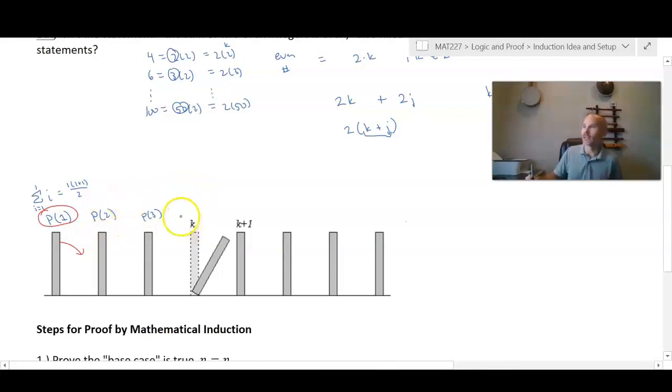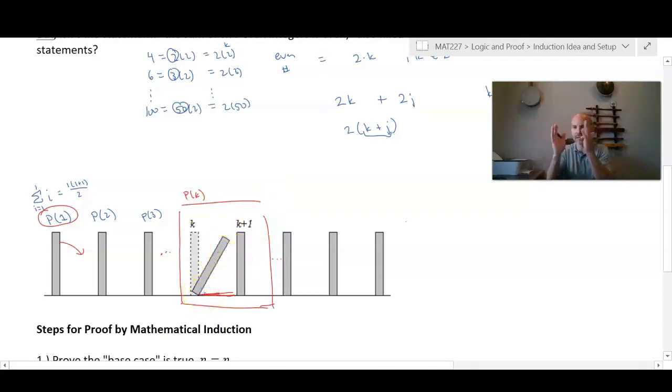Well, one way to imagine that is let's focus on what's going on here. So let's imagine that I can establish, or I can convince myself that anytime I tip a domino, we'll just call this P of k, just to be as generic as possible, that if I activate P of k, that I can guarantee that essentially this spacing between these two dominoes is always going to be just right, and that's always going to tip over the next domino.